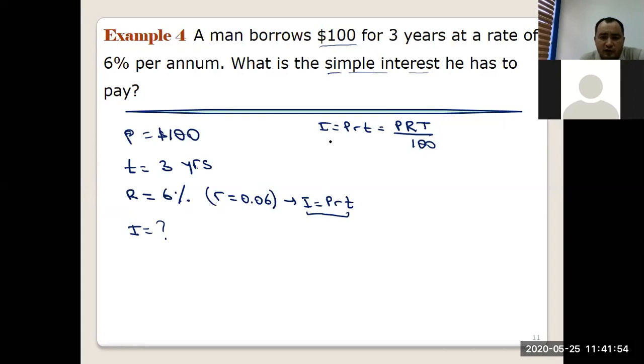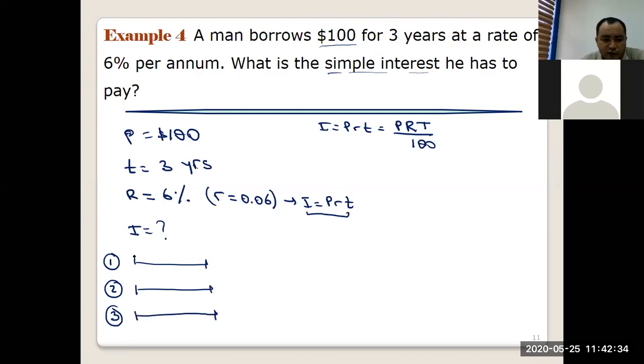So what's going on here is 3 years means you are borrowing money from the bank. Here we have the first year and second year and third year. The first year means the whole year, right? 365 days, 365 days, 365 days.